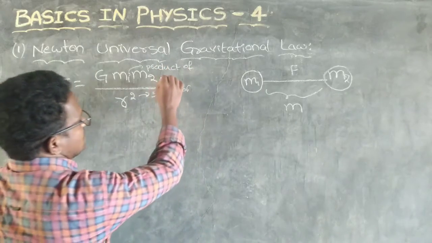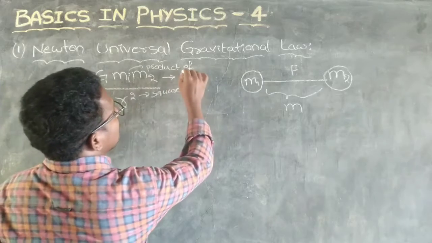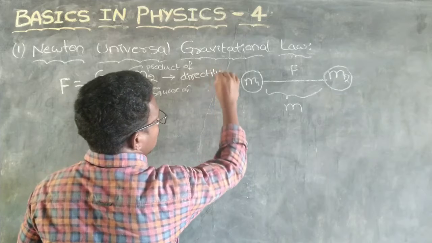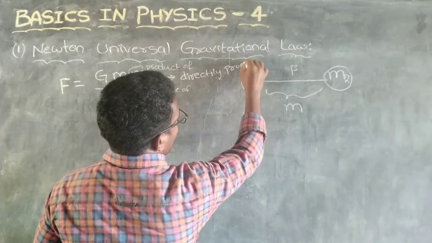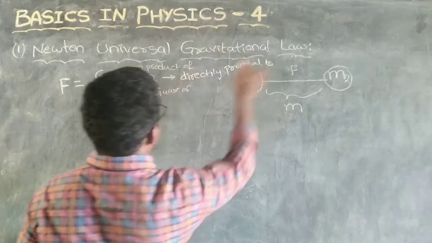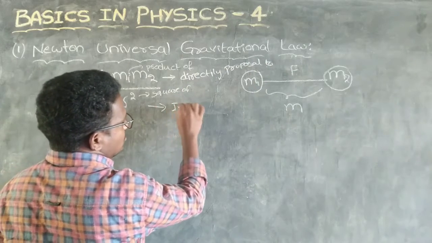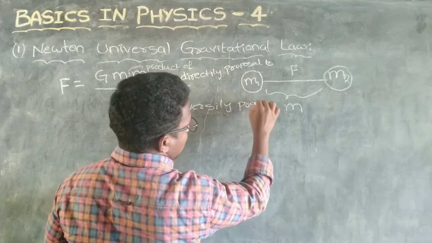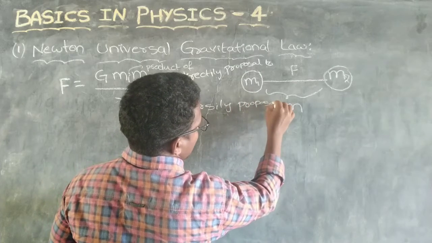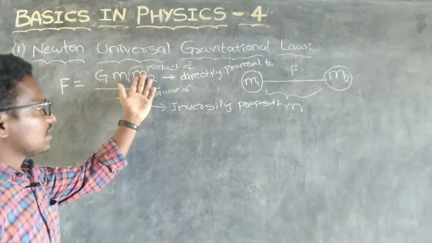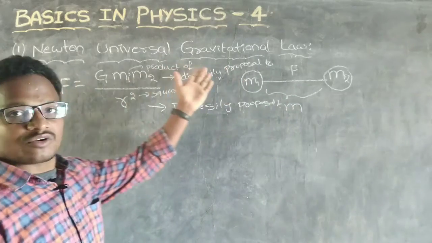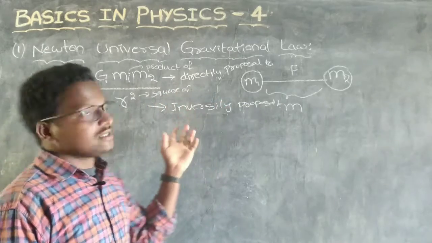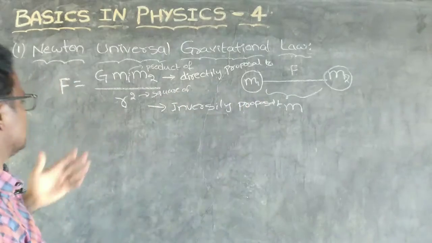In numerator directly proportional to product of, here inversely proportional to square of. You understand? See the definition.